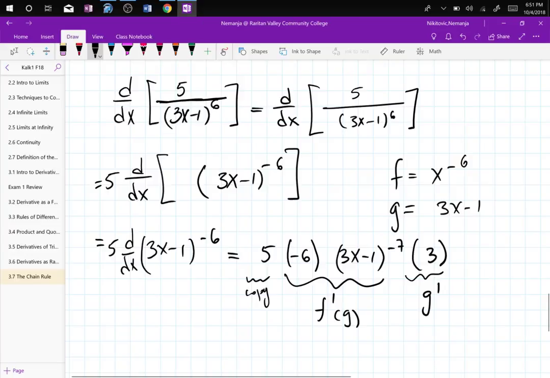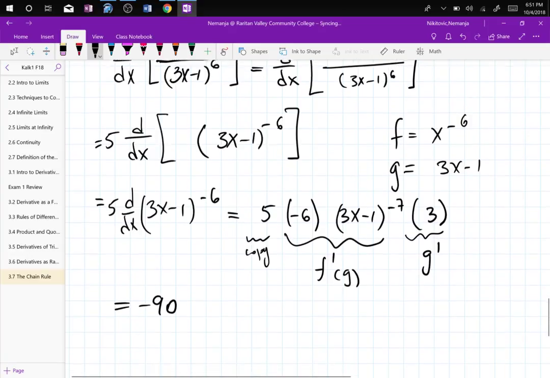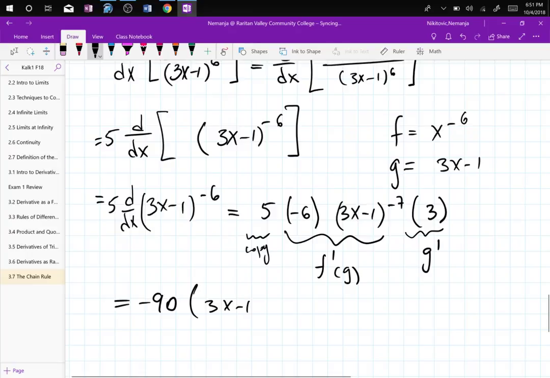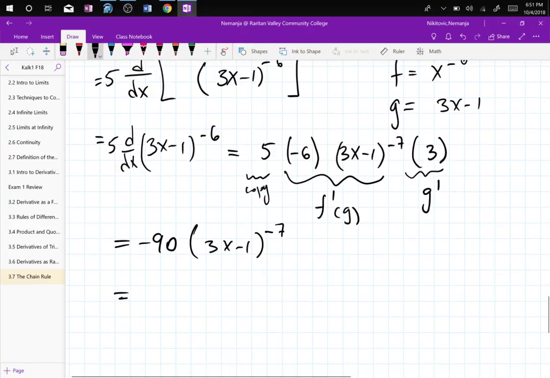Now 6 times 5 is 30 times 3, so we have negative 90, and we have 3x minus 1 to the negative 7. And if you want to make this into a nice fraction, that's what we have: negative 90 over 3x minus 1 to the 7th power.